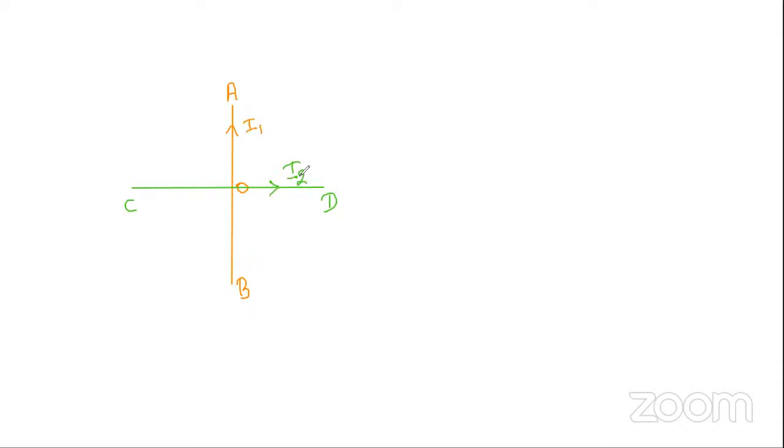And you have a point P lying at a distance D from O along a direction perpendicular to the plane containing the wires. So if you consider the CD as x-axis and AB as y-axis, then point P lying at a distance perpendicular to the plane means it is lying on z-axis.